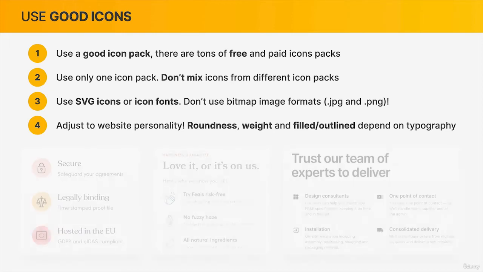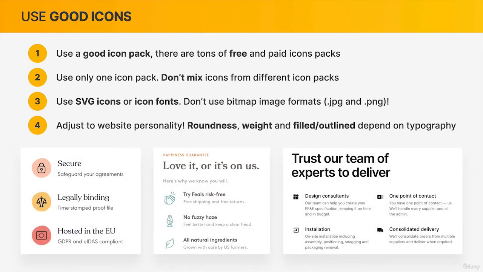Let's see some examples here. The first one has a very round typography, especially in the headings. And so the icons are also very, very round, right? Even the shapes that they are in are not just round, they're also a bit irregular. All of that will contribute to the overall roundness of the design.